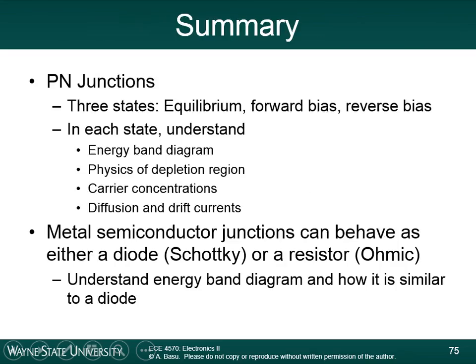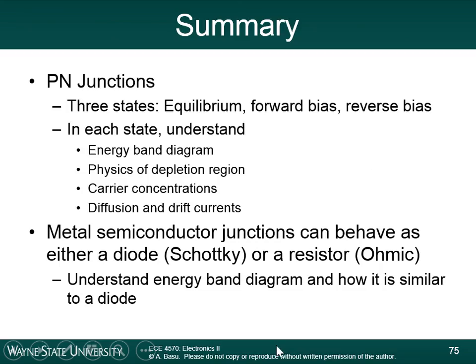All right, summary of this chapter. We talked about PN junctions, and we talked about metal semiconductor junctions. With PN junctions there were 3 states: equilibrium, forward bias and reverse bias. These 3 states obviously apply to metal semiconductor junctions as well. In each one of the states, you should understand the energy band diagram, the physics of the depletion region, carrier concentrations, what the carriers are doing, the drift and diffusion currents that occur, and also the generation and recombination that occurs in each one of these different states.